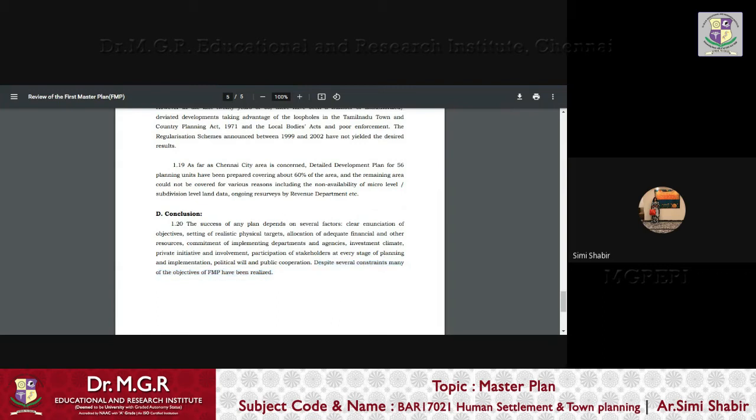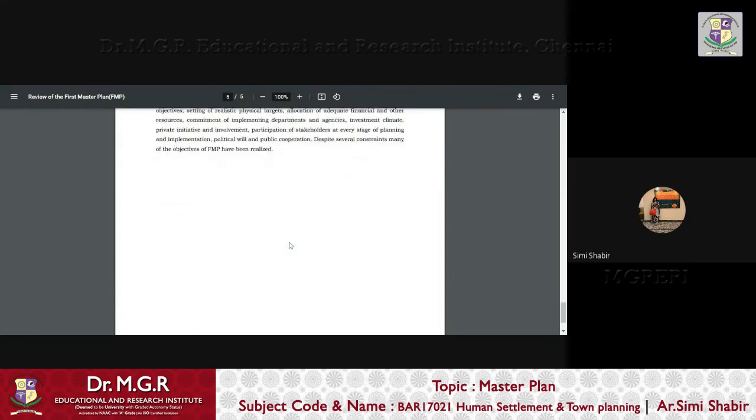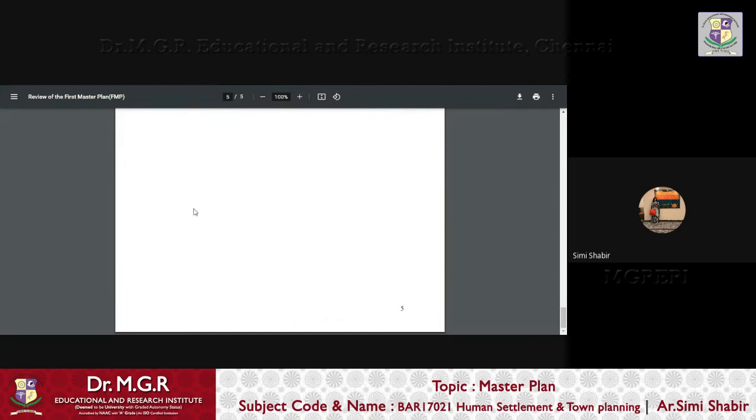But even then, these are the loopholes that were looming around, that is, to take care of all the aspects regarding the laying down of the objectives, the physical targets, allocating adequate financial resources, teams, the commitment from the agencies, etc. So that is about the first master plan.